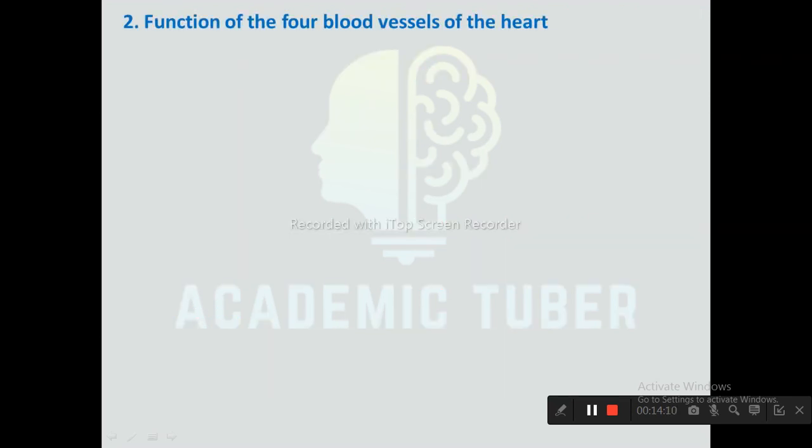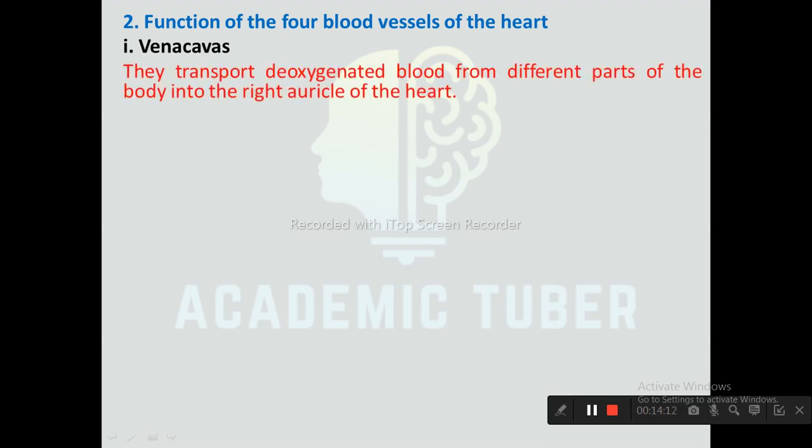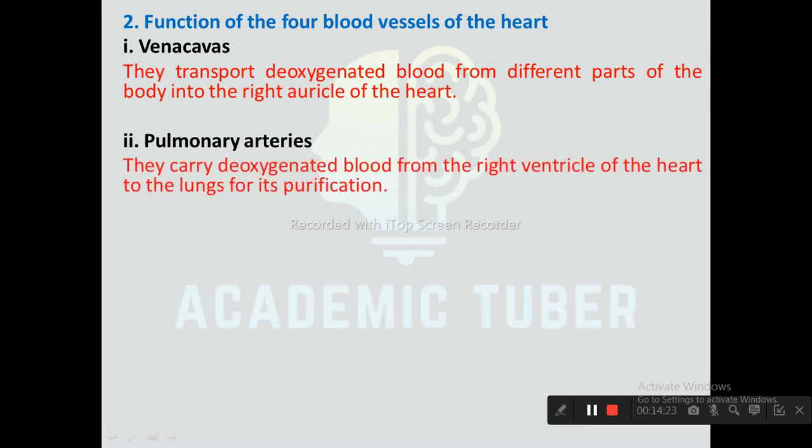Function of four blood vessels of the heart. First one is vena cava. They transport deoxygenated blood from different parts of the body into the right auricle of the heart. Whereas the pulmonary artery carries deoxygenated blood from the right ventricle of the heart to the lungs for its purification.